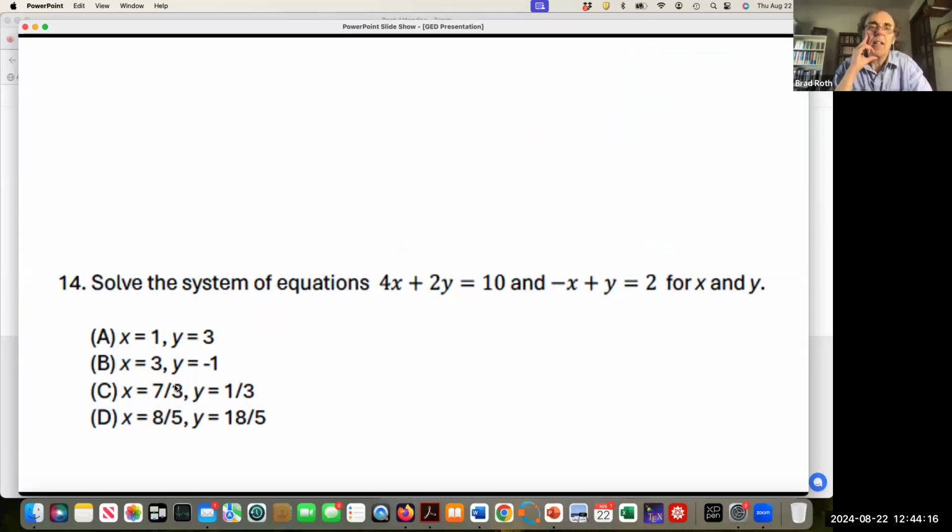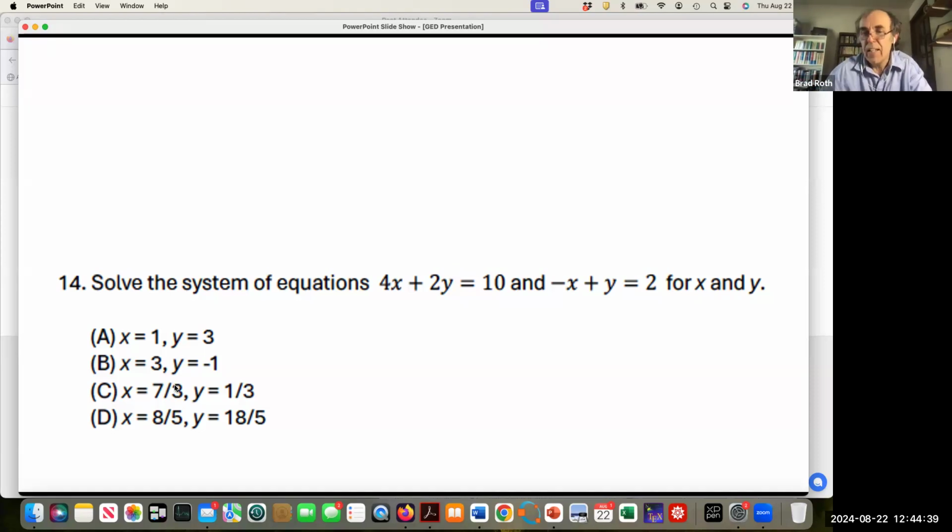Okay, a system of 2 linear equations. I think the 2 hardest questions on the exam are the quadratic equation, where you have to use the quadratic formula, and solving a system of linear equations like this. So the way I tell my student to do it is I take one equation and solve it for one of the variables, then I stick it in the other equation. Doesn't really matter which you pick.